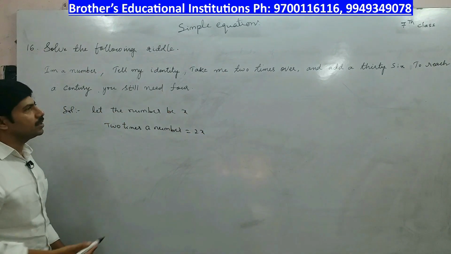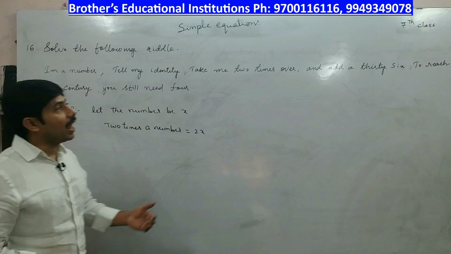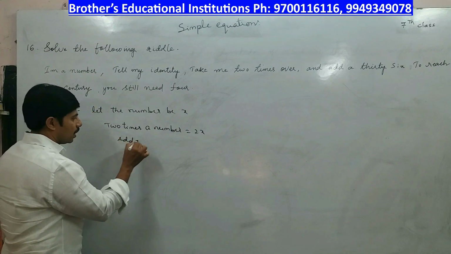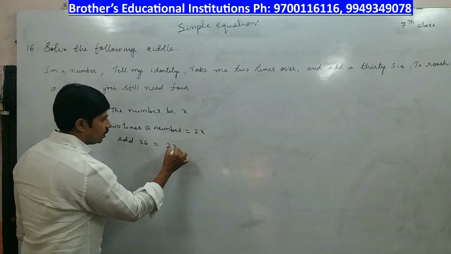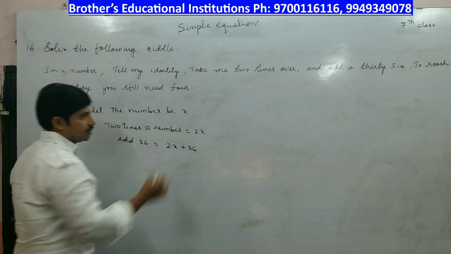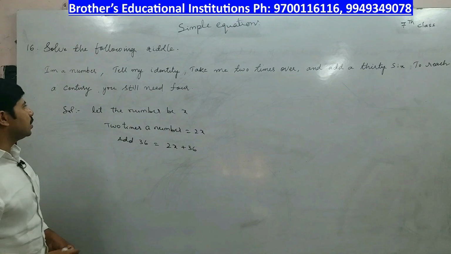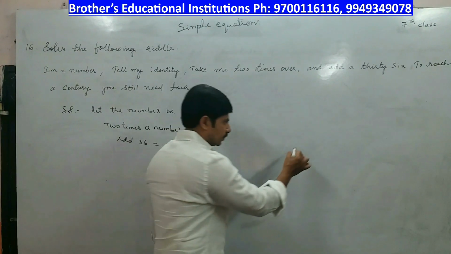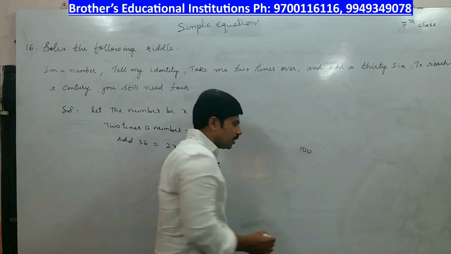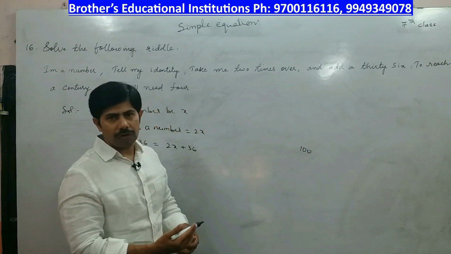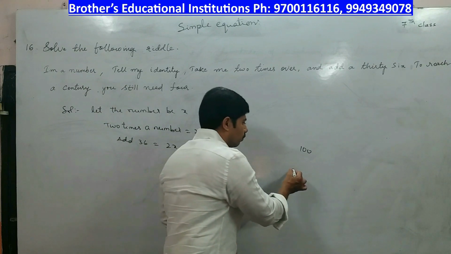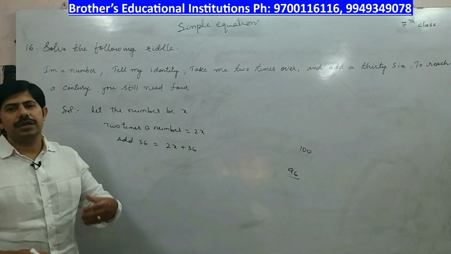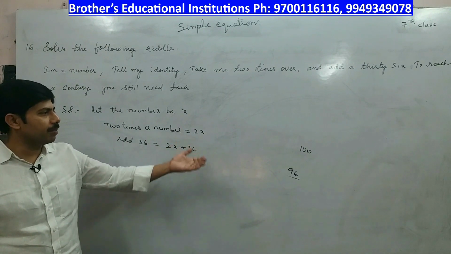And add 36. That means just write 2x plus 36. To reach a century, you still need 4. Century means 100. To reach this century, they still need 4. 4 means subtract 4. What do we get? 96. So 100 minus 4 is 96.